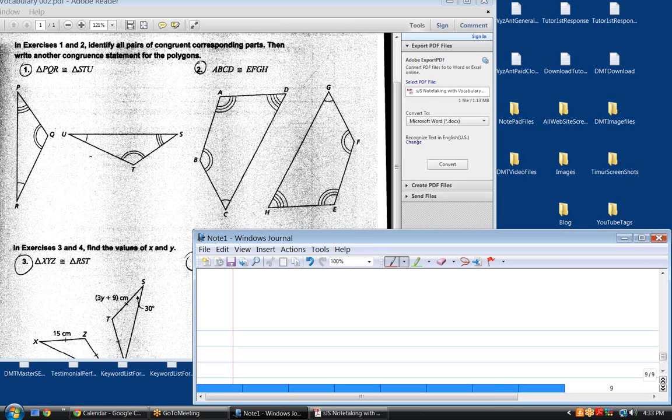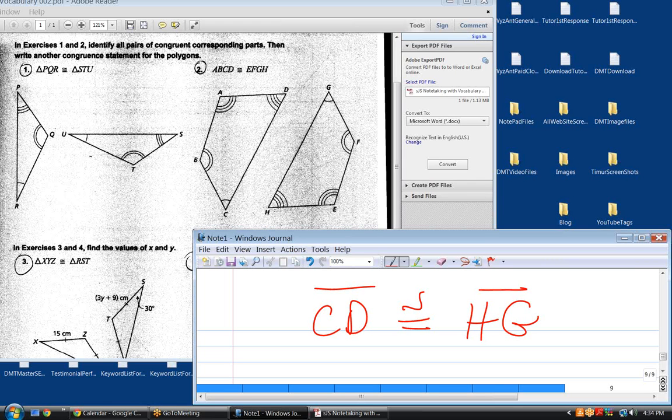Okay, so what is the equivalent side to CD in this triangle here? HG. Okay, so give me a congruency statement I can make. CD is congruent to side HG. Exactly. Okay, and with quadrilaterals, you're always looking at a side opposite 2 angles.